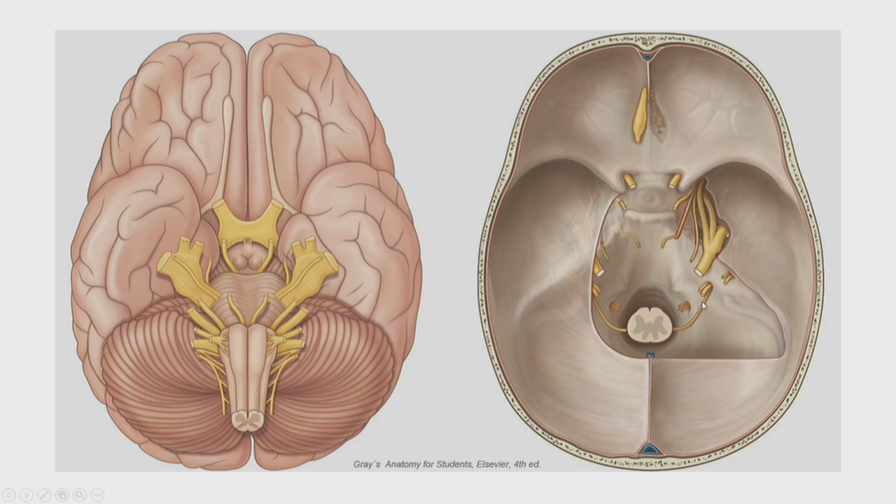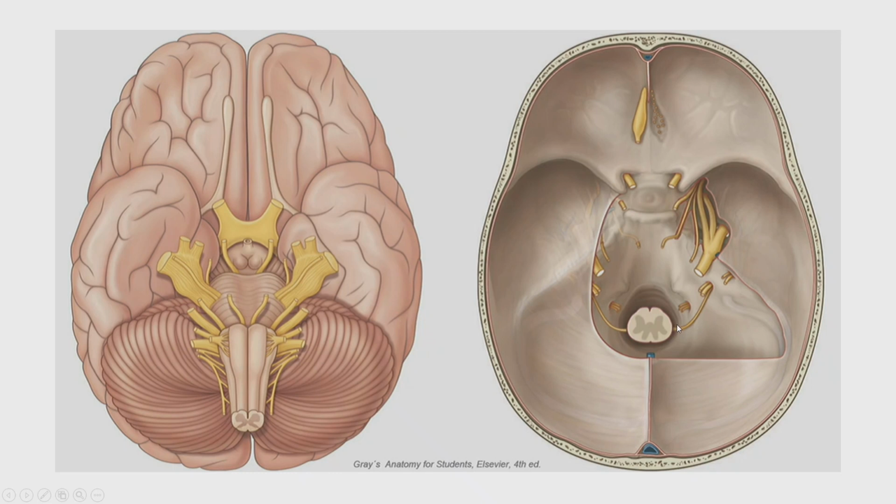And what I said in the beginning, that the accessory nerve has an interesting pathway. The accessory nerve has two roots, or two parts.